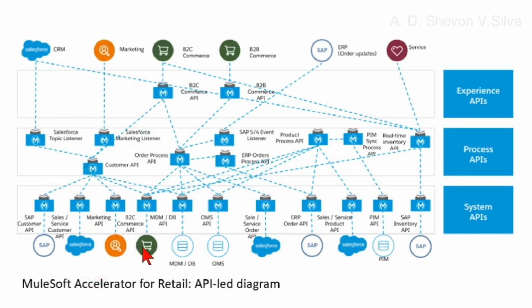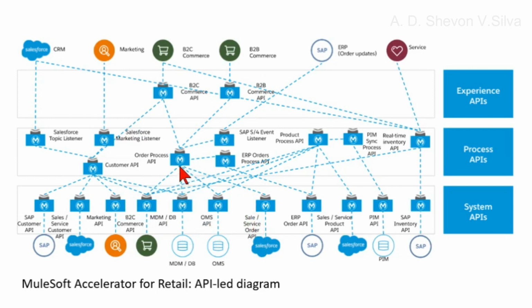Here MDM DB API and B2C Commerce API and OMS API and Sales Service Order API interact with Order Process API.